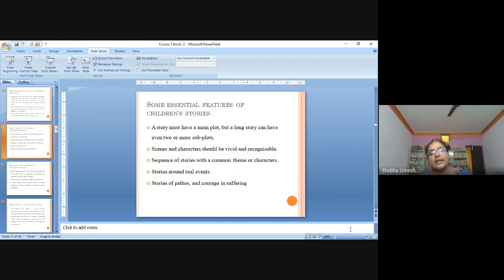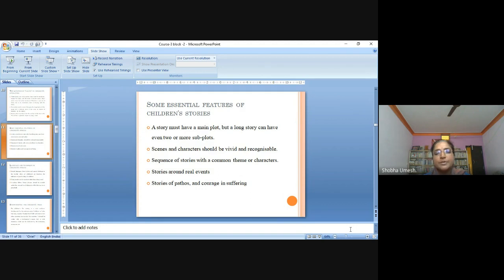Scenes and characters should be vivid and recognizable. When you select a scene or characters, there should not be too many characters, and they should be recognizable by the child. Just think about the short story we have heard, the tortoise and the hare, where only two characters are there. A sequence of stories with a common theme or characters can also be taken up.